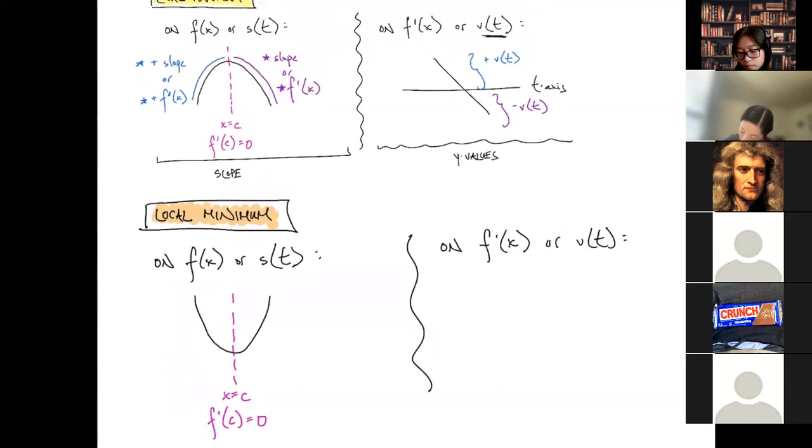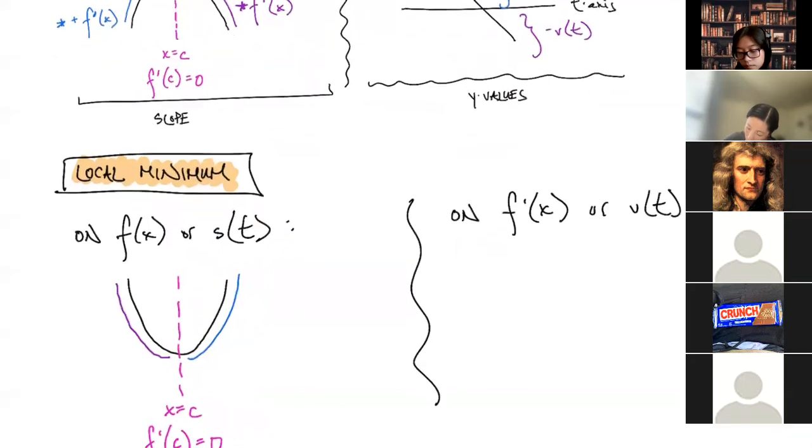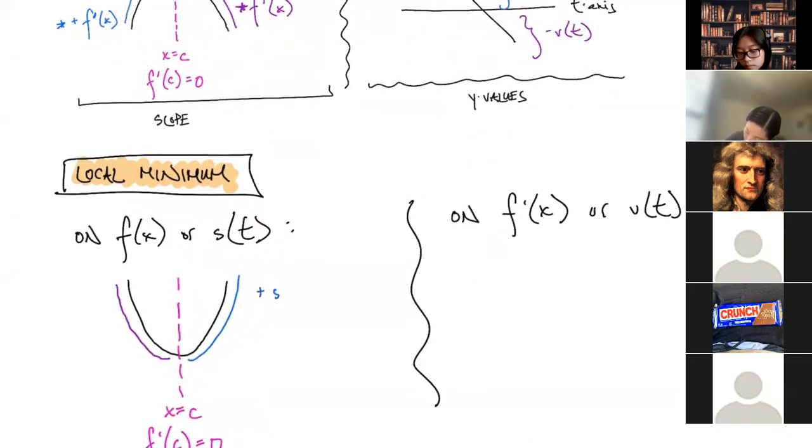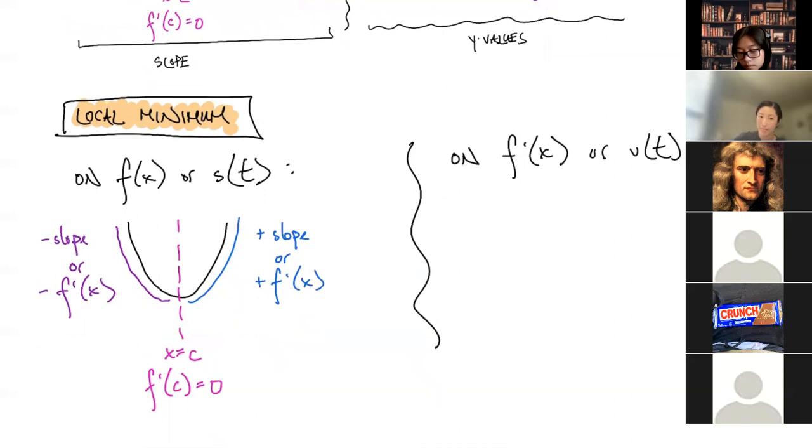I have a negative slope on this side, and I have a positive slope on this side. Oh, sorry. So this is positive slope or positive f prime. And on this side, we have negative slope or negative f prime. And so the theorem says that if we have a negative slope to a positive slope, we have a local minimum.